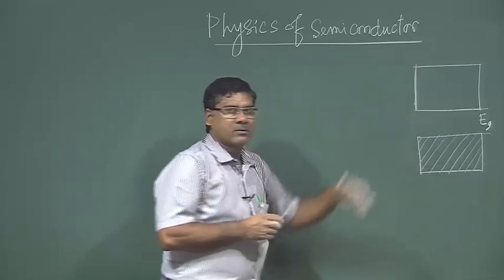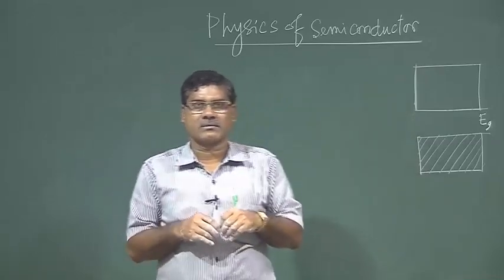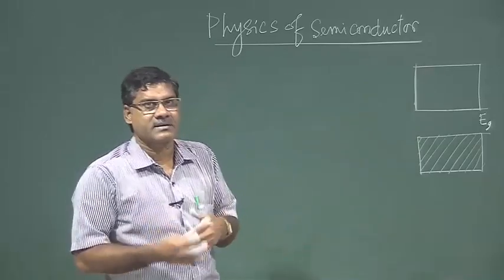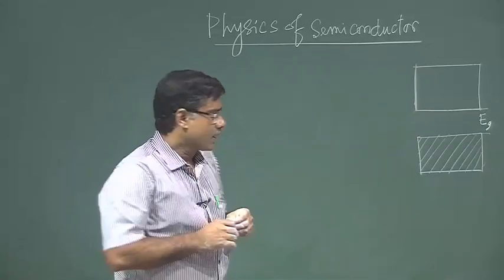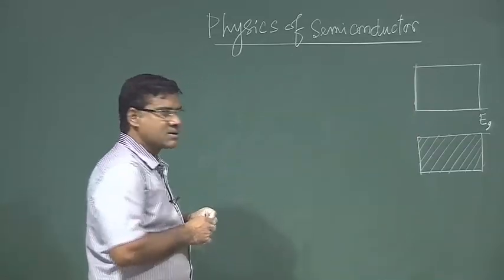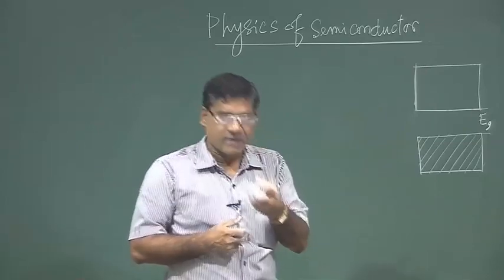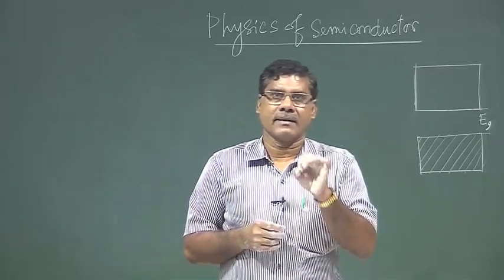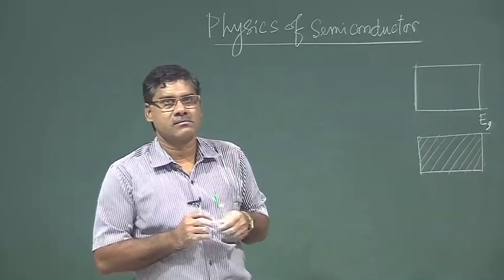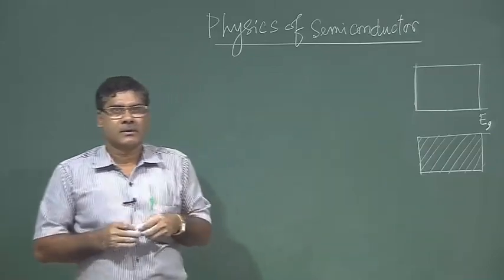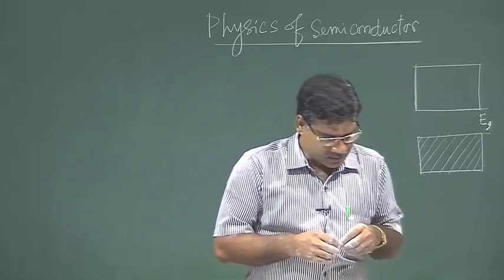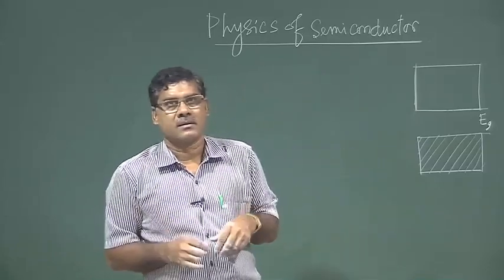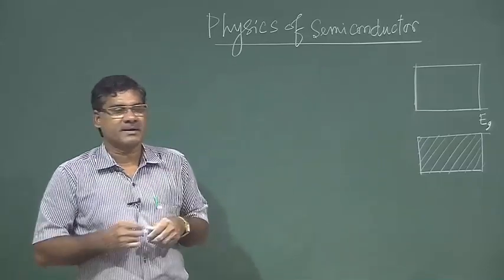This is one way to distinguish the semiconductor from other insulators, but in terms of carrier concentration in a crystal, that also one can use for differentiating the electrical property of the material.